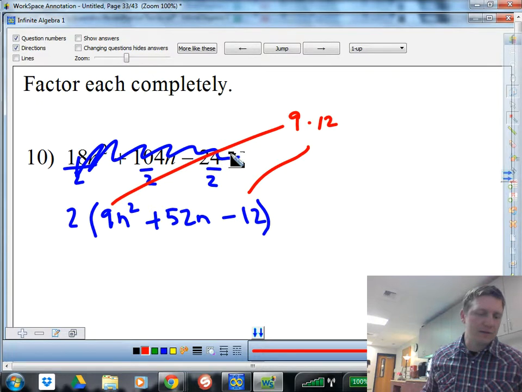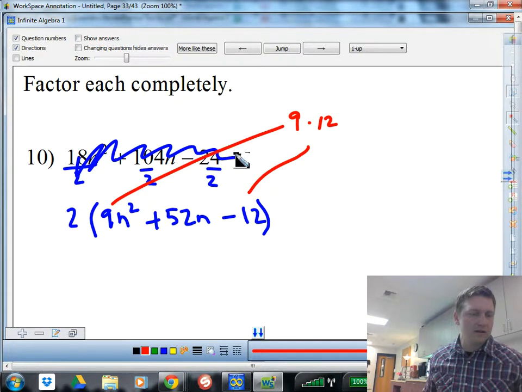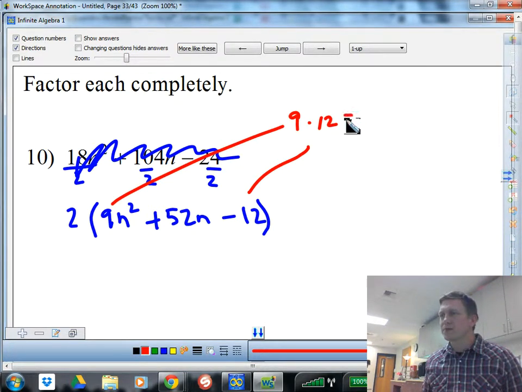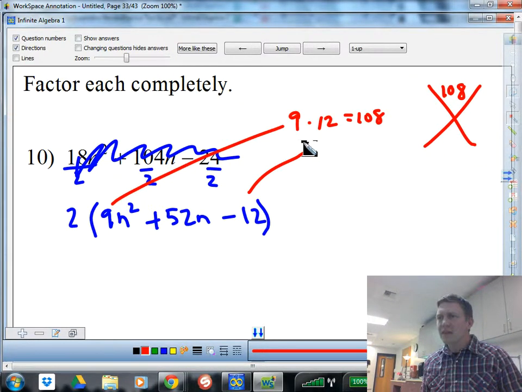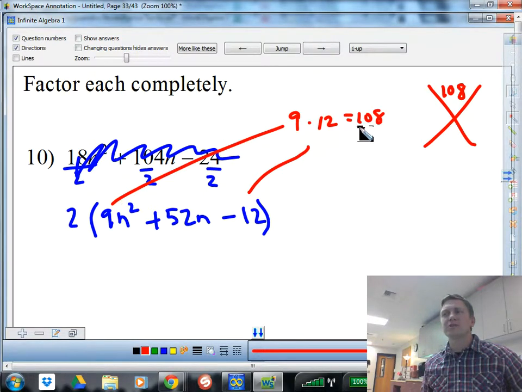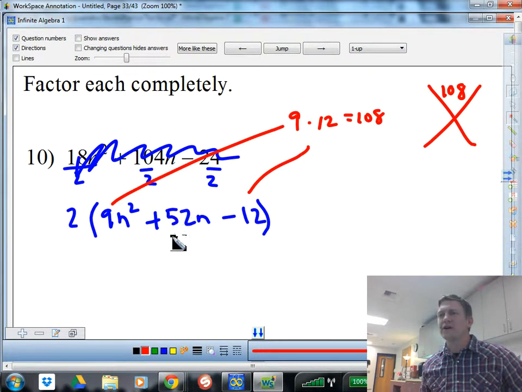What is 9 times 12? 108. Then you're going to take this and go 108 right here. And then you're looking for two numbers that multiply together to give you 108 and two numbers that add together to give you 52.